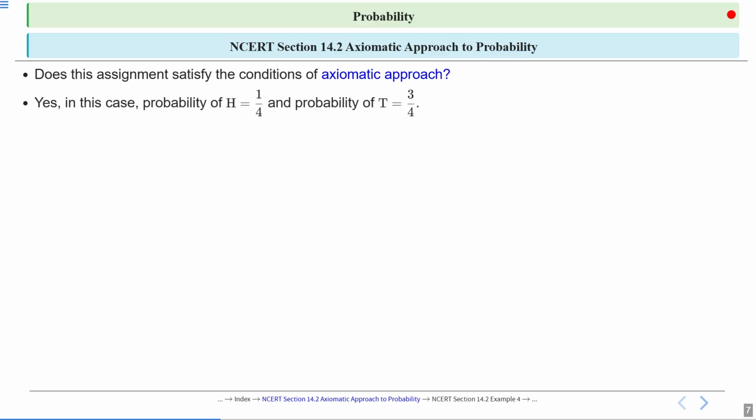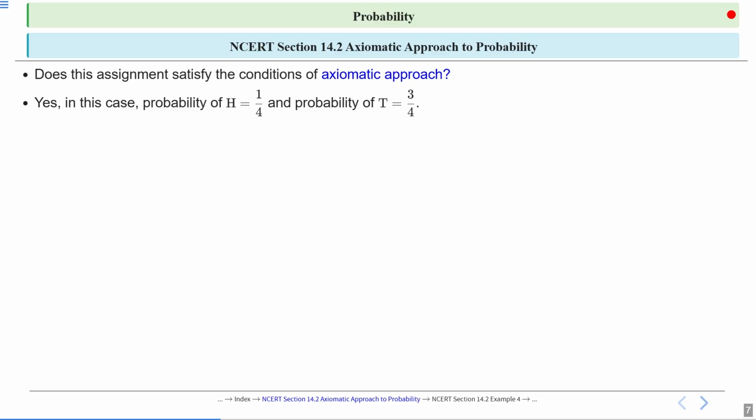Yes, in this case the probability of H is 1 by 4 and the probability of T is 3 by 4. Here you can see P of H and P of T are always greater than or equal to 0 and less than or equal to 1, so the first condition is satisfied.